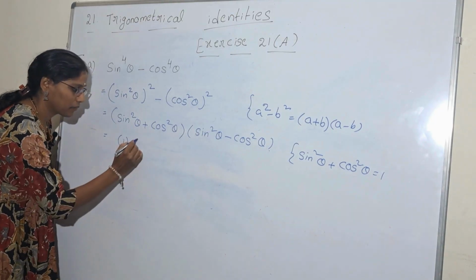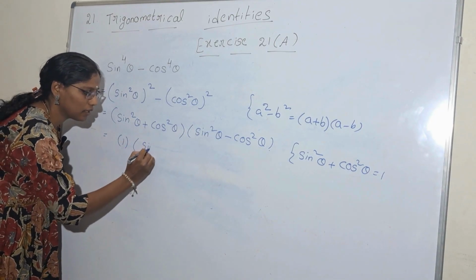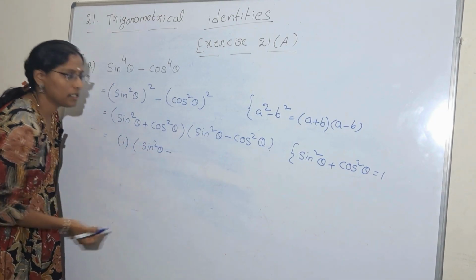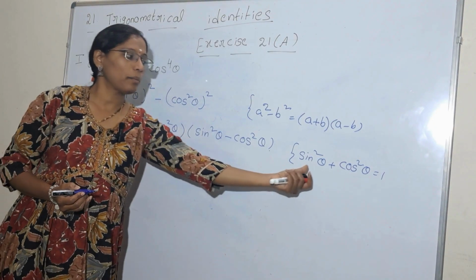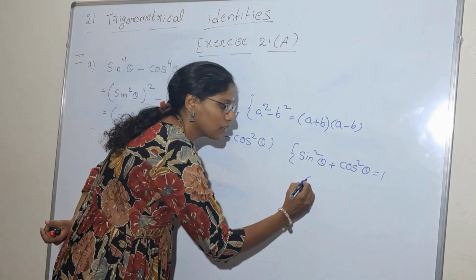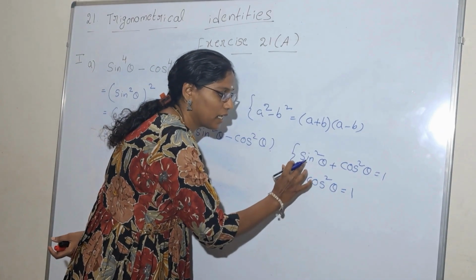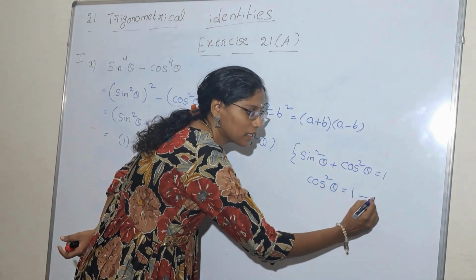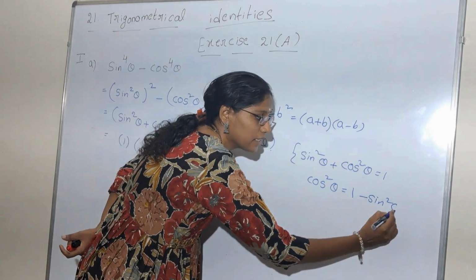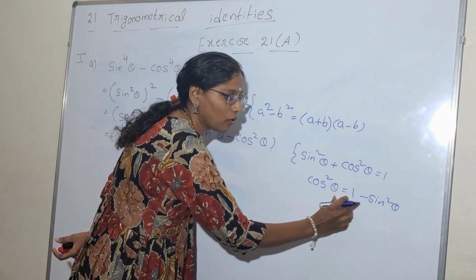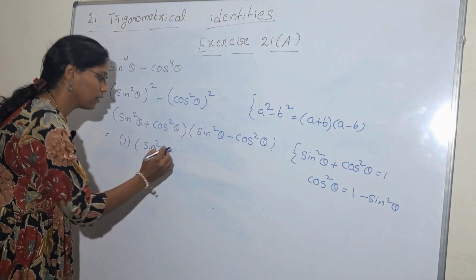Second bracket, sin square theta minus cos square theta. We should apply this problem. Cos square theta plus, what can we write? 1 minus sin square theta, since shifting sin square theta means minus sin square theta. Instead of cos square theta, we have to write 1 minus sin square theta.